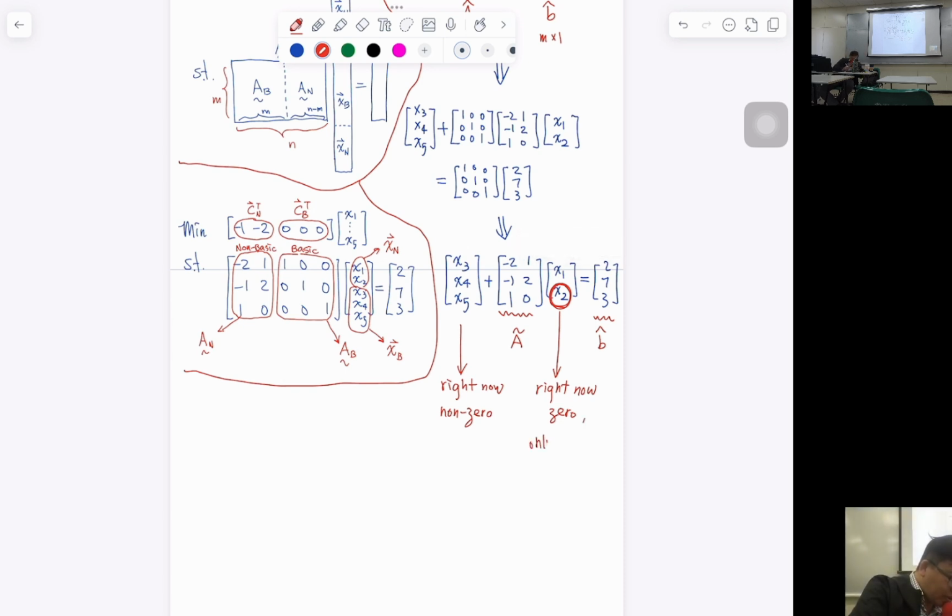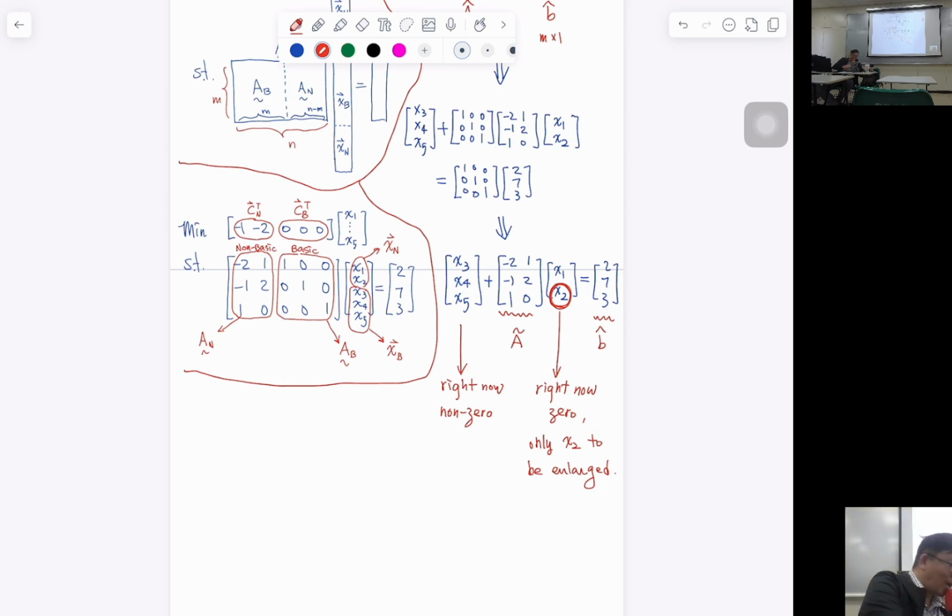So only x2 is to be enlarged. Even in the future, when you have so many non-basic variables, only one is chosen from the previous step. That one is going to be enlarged. So, in fact, we don't need to care about the rest of the non-basic variables. They remain 0. So if something remains 0, we can ignore that, or we can just eliminate them in the current equation.